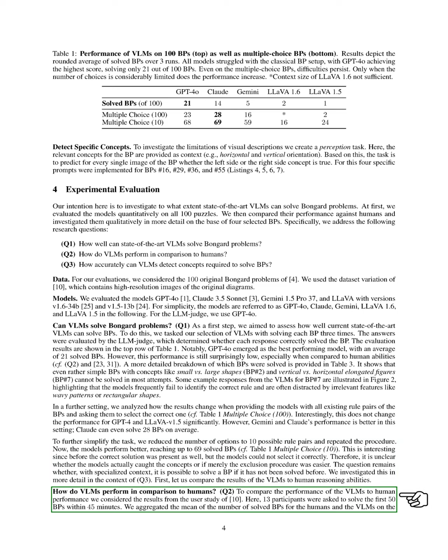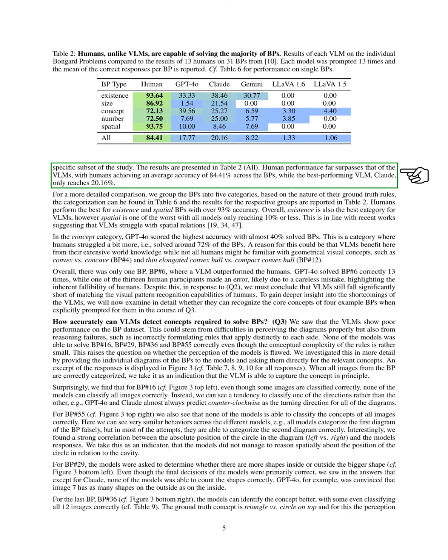For Q2, we compared the VLM's performance to that of humans based on a user study where 13 participants solved the first 50 BPs in 45 minutes. Humans outperformed VLMs significantly, achieving an average accuracy of 84.41%, while the best VLM, Claude, only reached 20.16%.